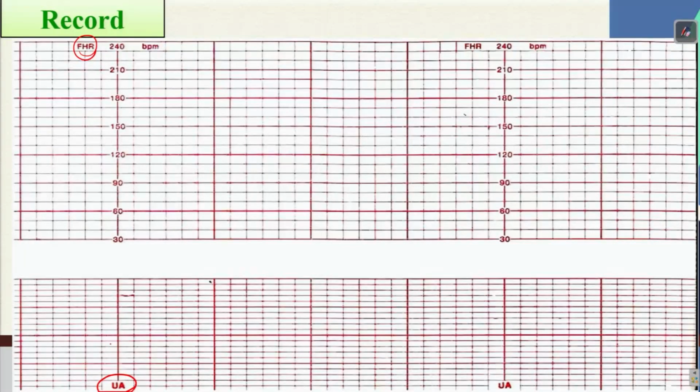So, this is the paper here, this is the tracing for the fetal heart rate, and low down is the tracing for uterine activity, right. So, like this you have the uterine activity tracing, which shows that these are different uterine contractions, and the speed of the paper is 1 centimeter per minute, right.